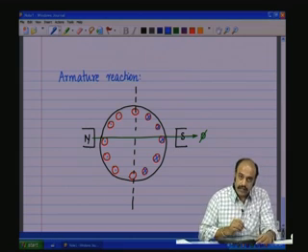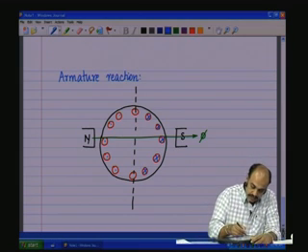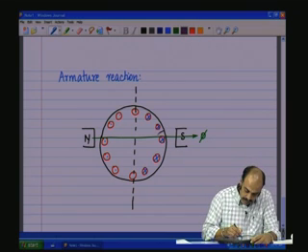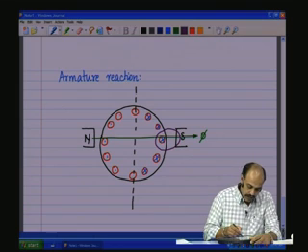Now if we look at the flux distribution of these, let me use a different color. So let us say there is a flux distribution in this, which goes like that. There is the fluxes which goes like this.